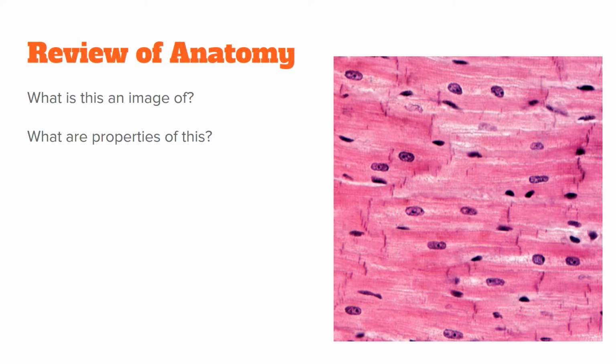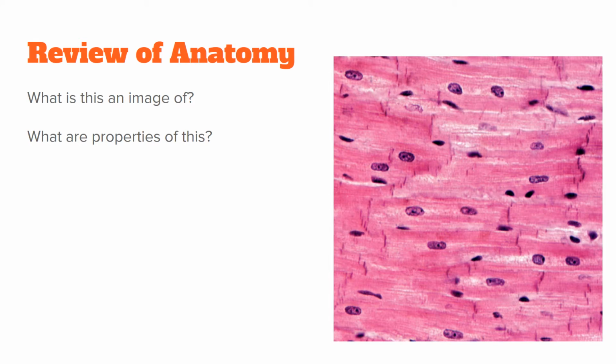So now take a moment to look at this image, and so what is it and what are properties or functions of it? And so what you're looking at here is cardiac muscle, which is found only in the heart. Its fibers are short and branched, and they're also interconnected both physically and electrically.